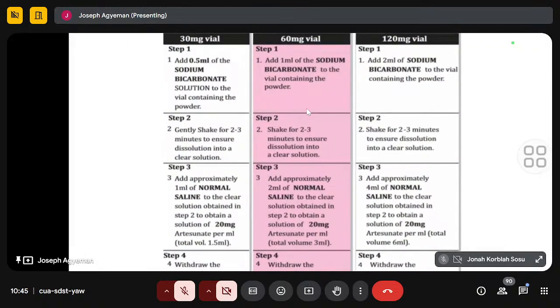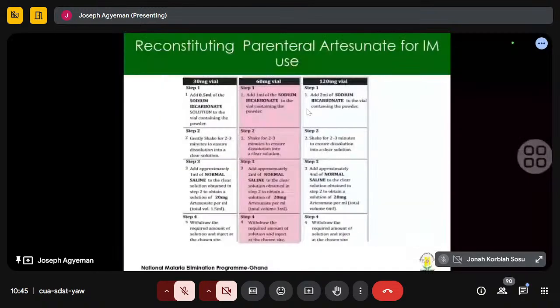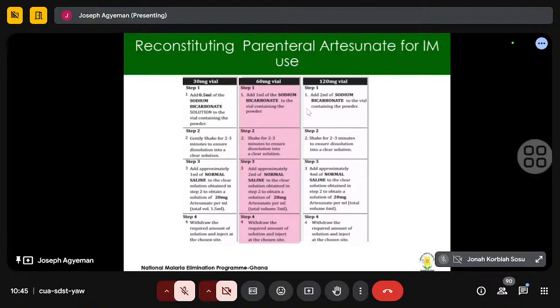Why are you confused? Which aspect? I think it has to do with where we added the 0.5 and the 1 to the 0.5. Then later made some calculations there, and then we got to proving why it's 10 milligram, 20 milligram per mL.